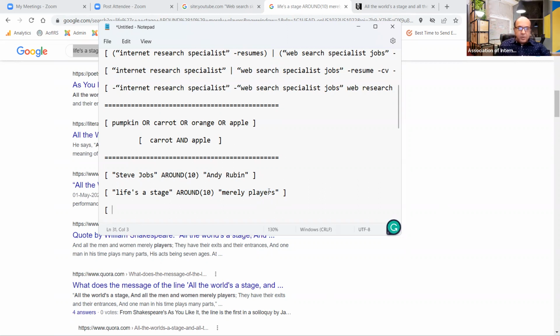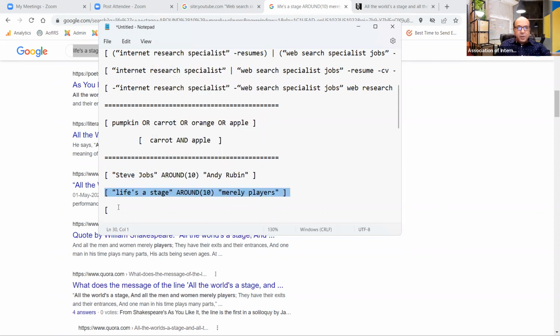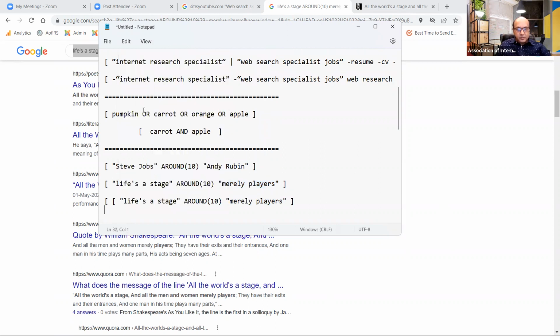One thing that you can also do with the same sort of search using AROUND, you can perhaps use the asterisk.